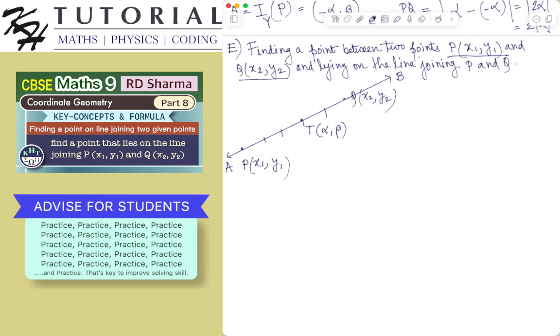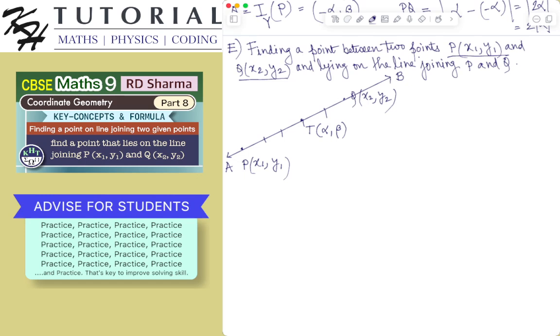The easiest way is the midpoint formula, that is, when two points are given in the Cartesian plane, the midpoint of the line joining those two points is given by the midpoint formula.